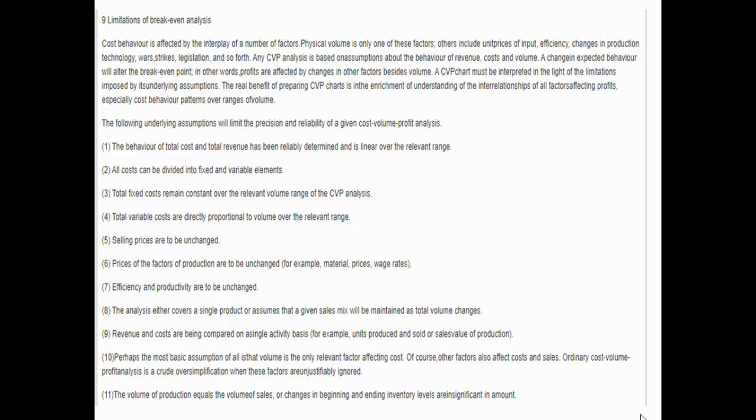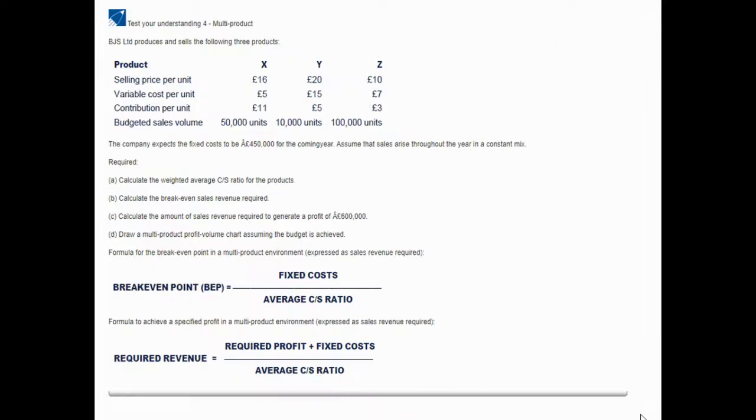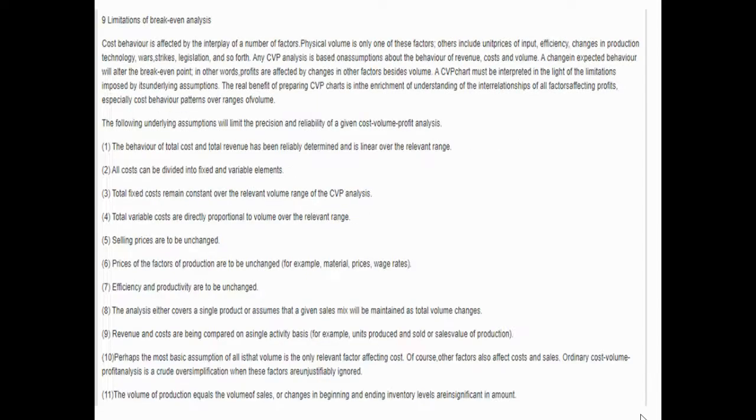As you saw when we were doing these calculations, we were assuming that the total cost can be categorized as fixed or variable. But in real life, sometimes we have semi-variable costs. So that is limitation one.